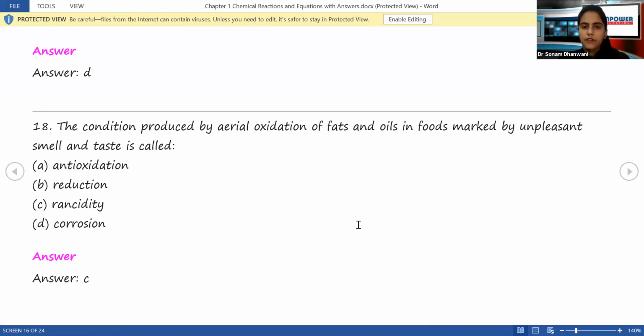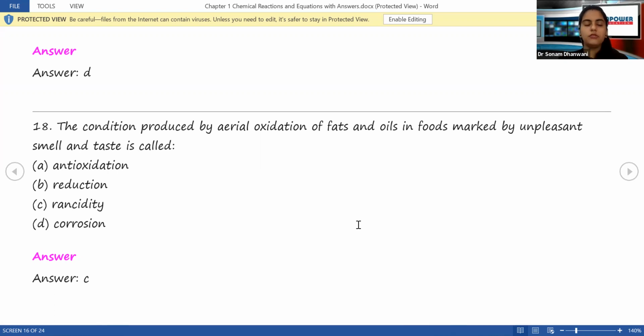Yes, corrosion we know that is in terms of metals, तो उसका इधर food से कोई भी लेना देना नहीं. What is rancidity? These kind of packed foods that we are talking about ना, जिसमें fats, oils and all of this होता है, तो if you keep them over a long period of time ना, उसकी वजह से क्या होता है? Because of aerial oxidation, that means because of the presence of air, उसके अंदर जो fats and oils रहते हैं, उसका oxidation होने लगता है.